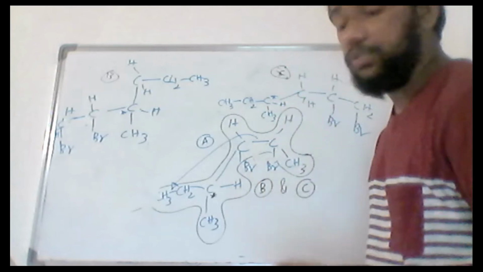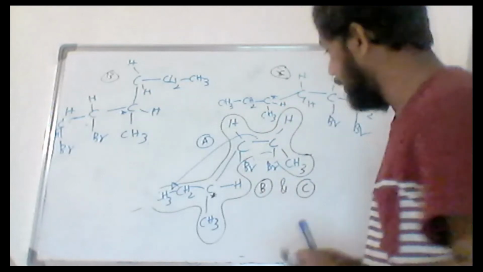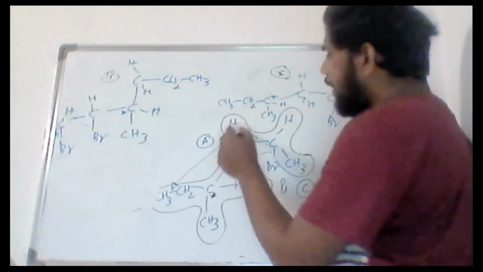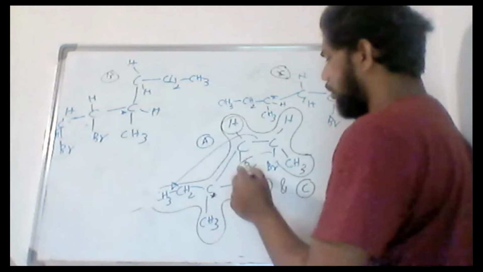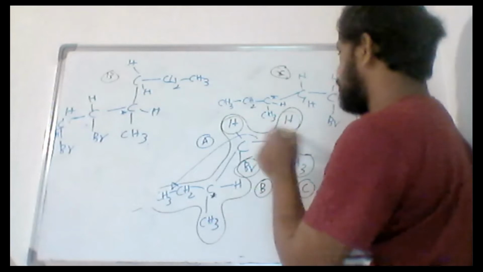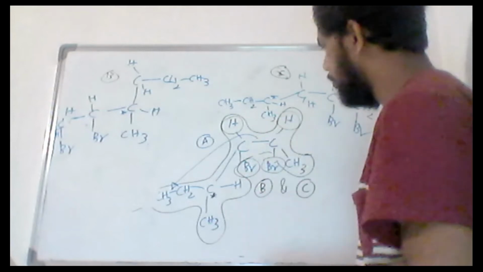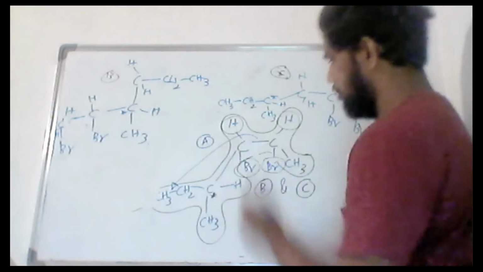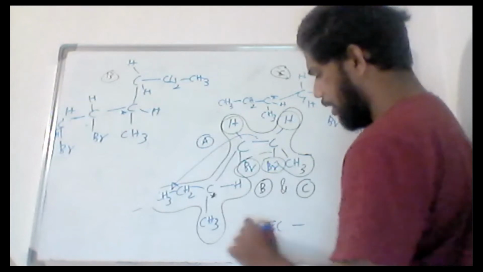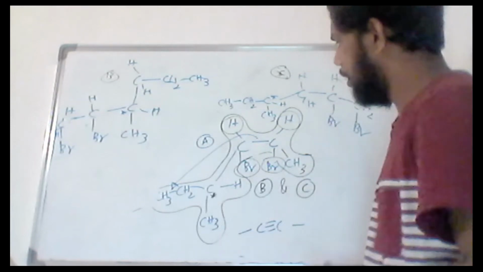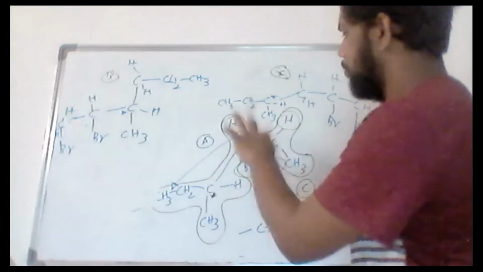Alcoholic KOH removes HBr. So initially, HBr can be gone from these two and these two, which gives us a triple bonded carbon. Okay, same HBr from these two.